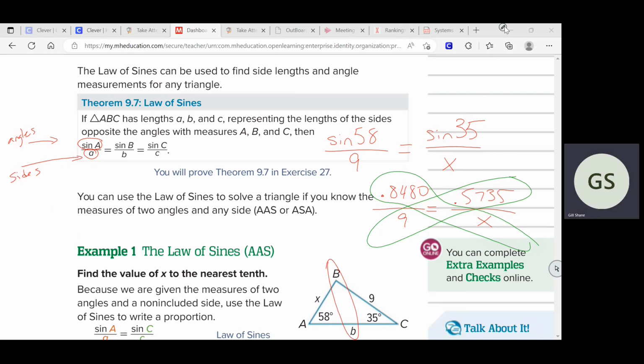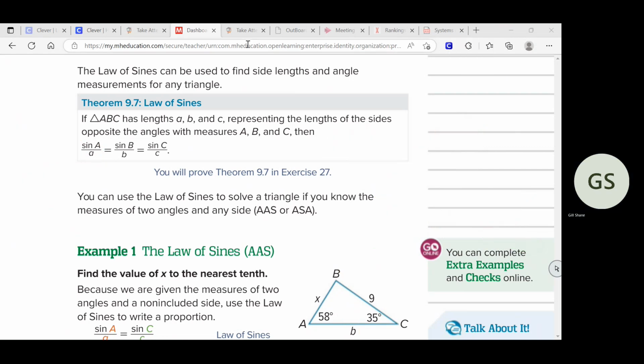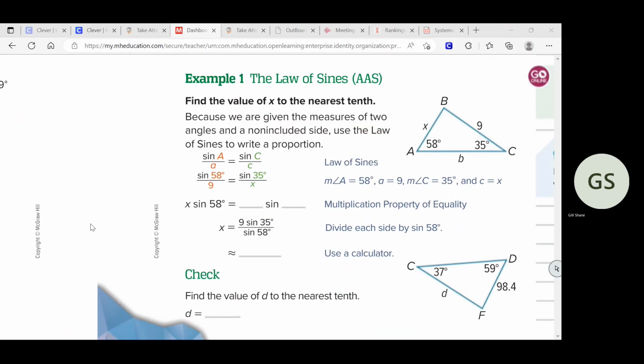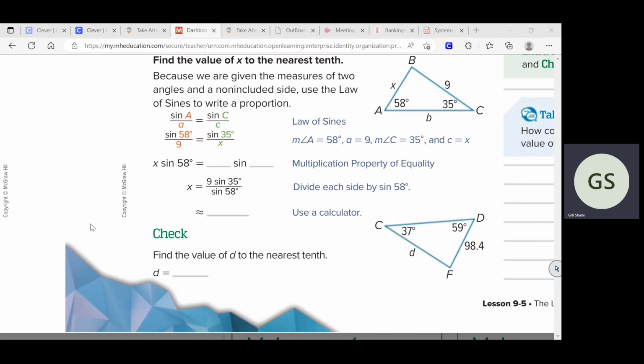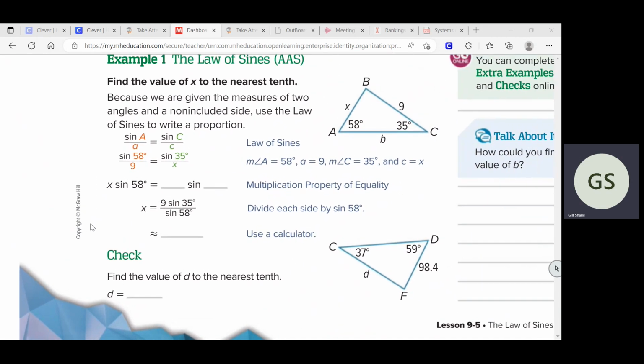I want to know just what was the final answer. X is what? Should be around 6, I'm guessing. I don't remember from the last class. Yeah, they don't give you the final answer. What's the final answer?